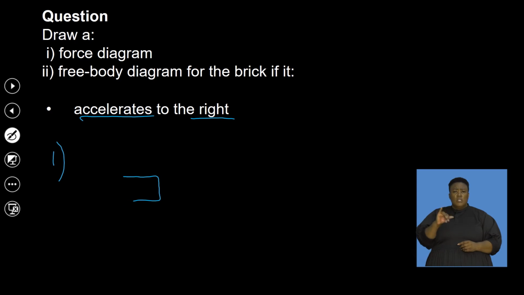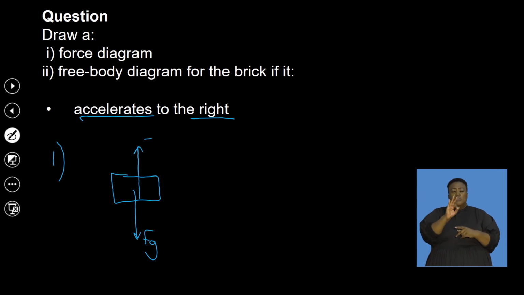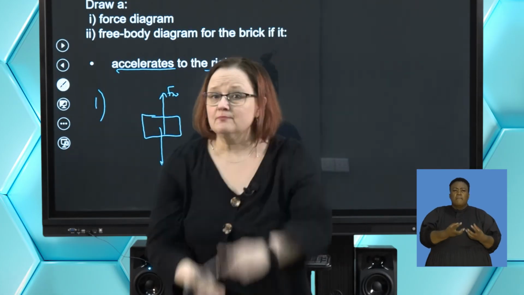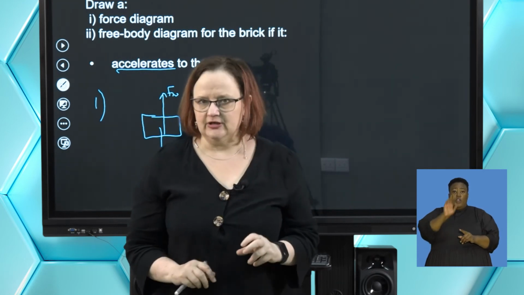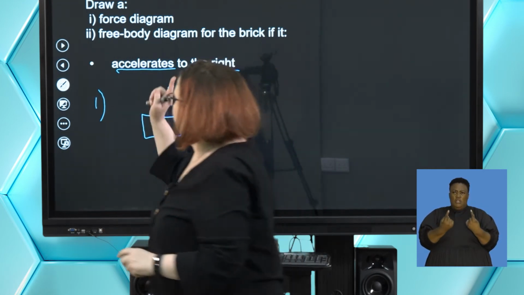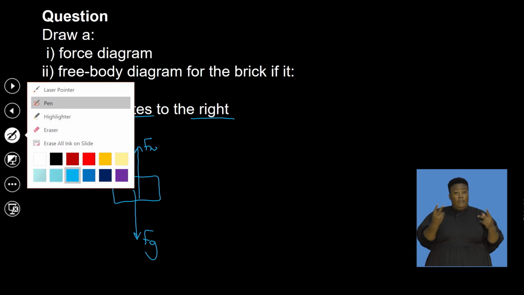So what we're looking for here is this. We still have our box. Gravity and the normal force are still the same size. I haven't changed the mass of the brick. The brick's also not moving vertically. So those forces are balancing each other out, okay? This is the difference.